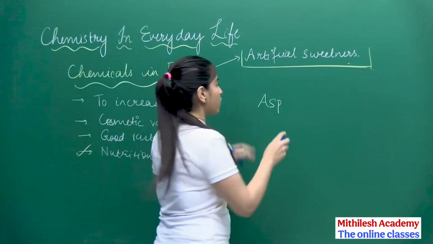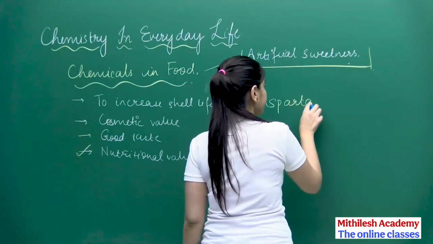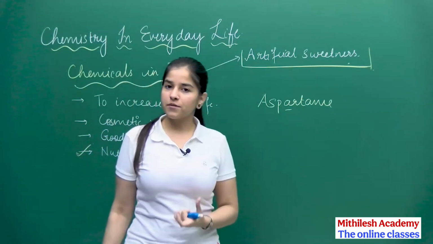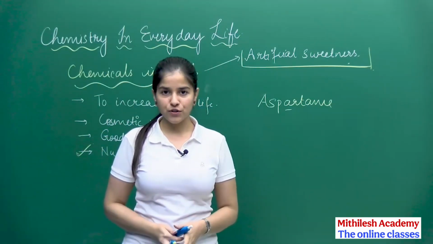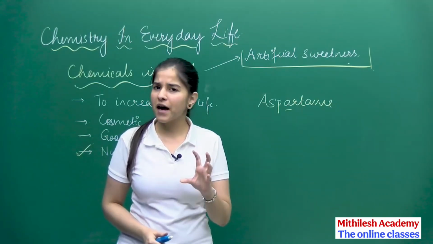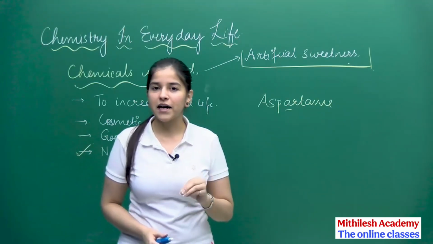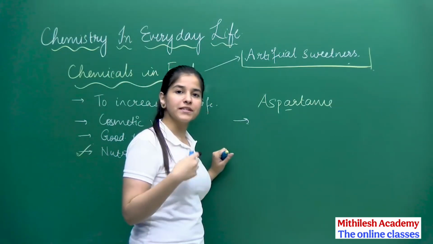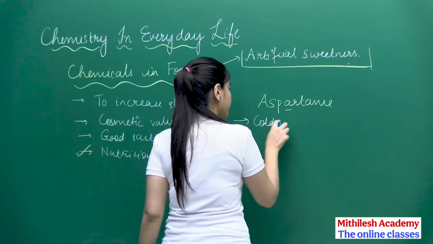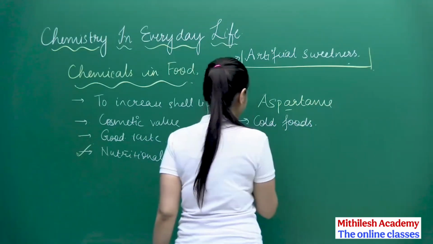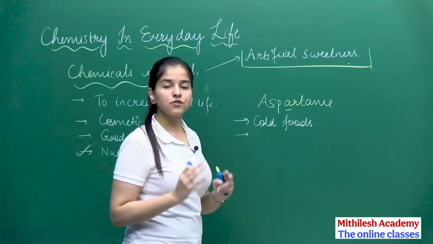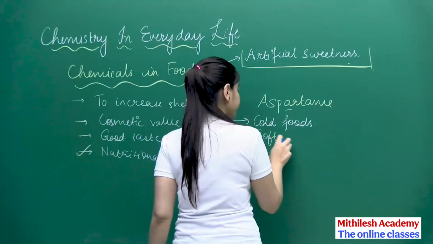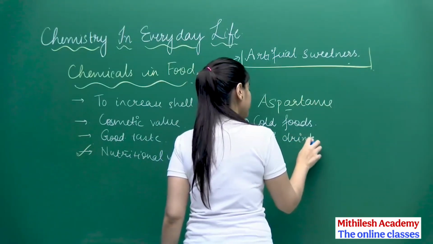First, what we discussed was aspartame. Here is a question for you. Where is aspartame actually used? In what kind of foods is it used? I hope you might have a slight idea about it, but not exactly. Aspartame is actually used in cold foods, and it is most prominently used in soft drinks, cold drinks you can say.